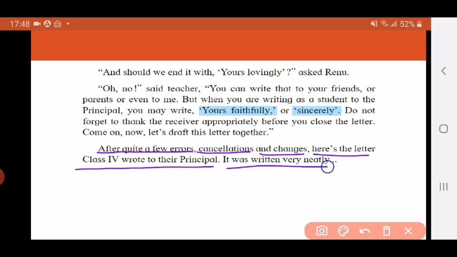It was written very neatly. So children, पहले ड्राफ्ट लेटर लिखा था. ड्राफ्ट मतलब रफ कॉपी. उस ड्राफ्ट लेटर में काफ़ी सारे मिस्टेक्स थे, कैंसिलेशंस थे. तो वो सब चेंज करके जब फाइनल कॉपी लेटर का लिखा तो ऐसे दिख रहा था.